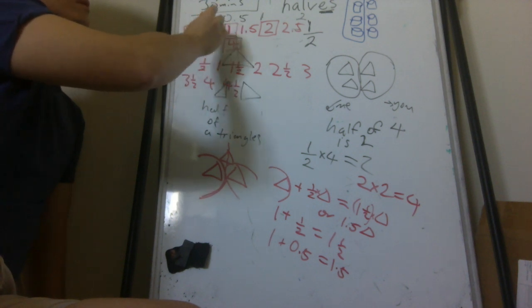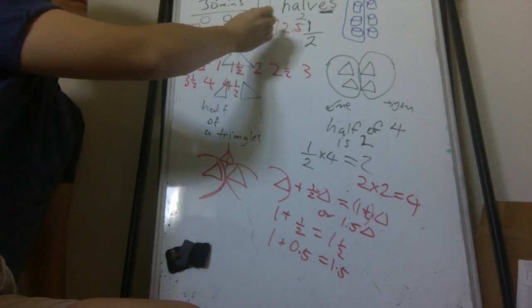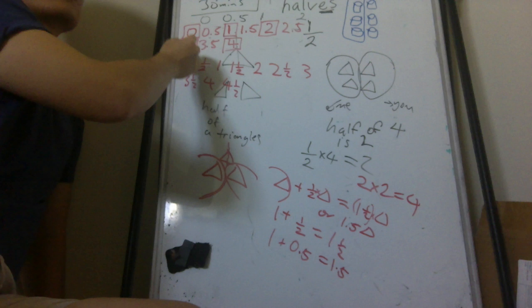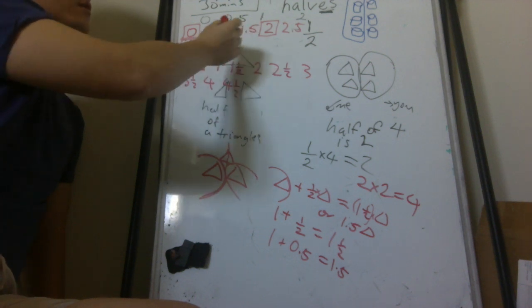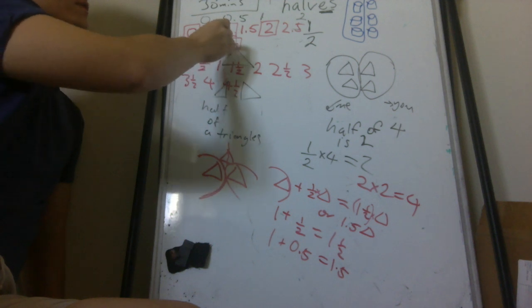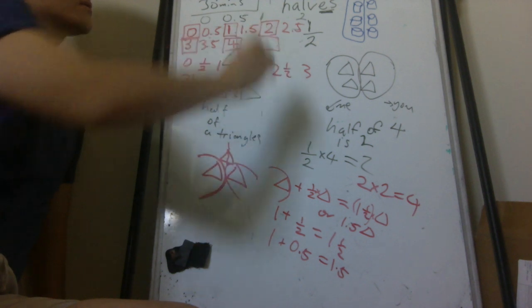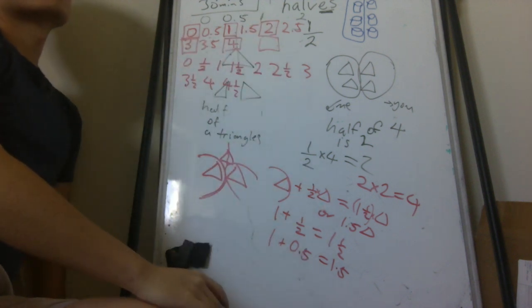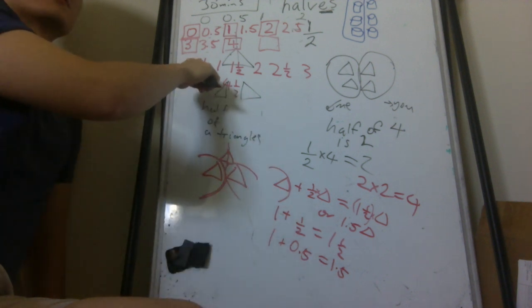So 0, 0.5, 1, 1.5, 2, 2.5, 3, 3.5, 4. Not quite 5.5, because it's 4, right? So what will go here then? 6. Yeah. So maybe you're more comfortable doing the halves, right?